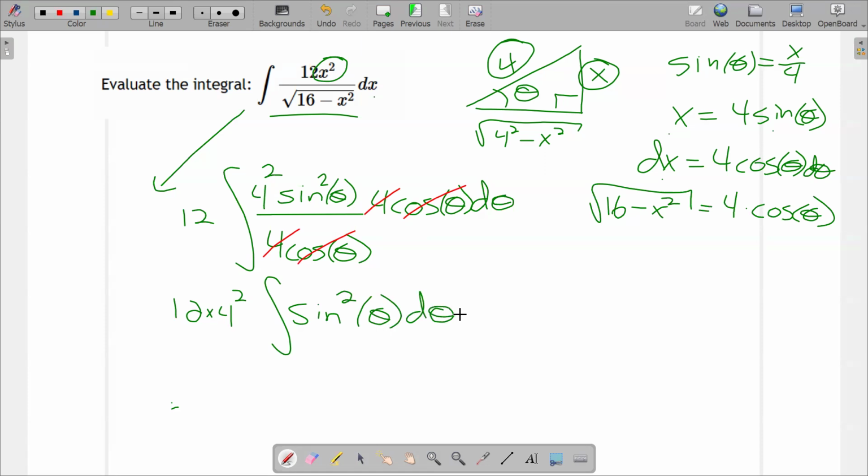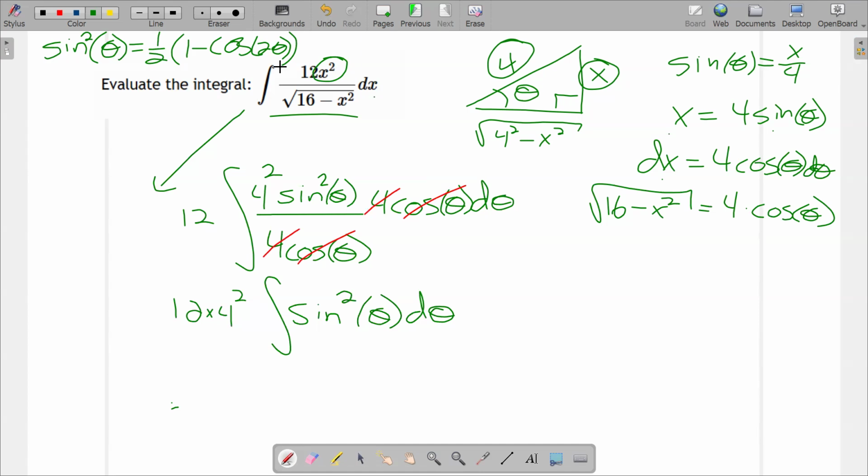What do we do with the sine squared? We use our double angle or half angle formula, right? So reminder, sine squared of theta is equal to, I'm going to write it a little different this time, 1/2 times parentheses 1 minus cosine of 2 theta.